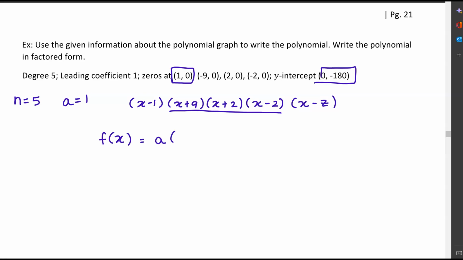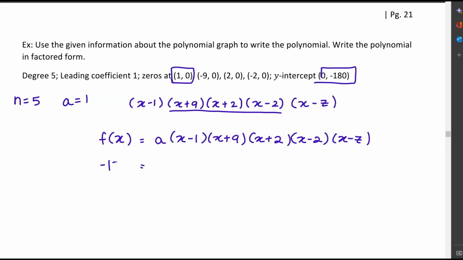We have a. And we're going to have all of these values here. x plus 2, x minus 2, and x minus z, which is our zero that's missing, our unknown fifth zero. We have our y-intercept is (0, -180), so let's plug that in.